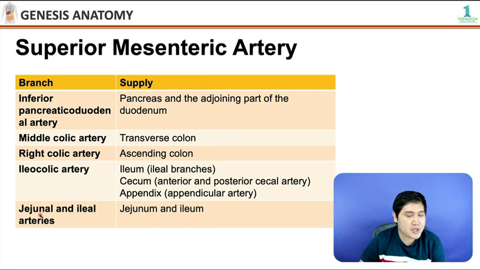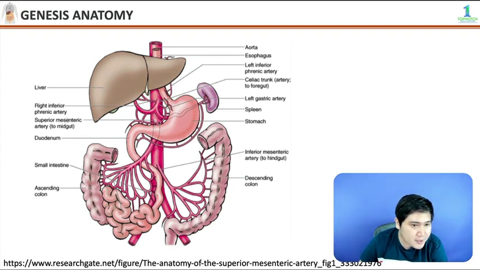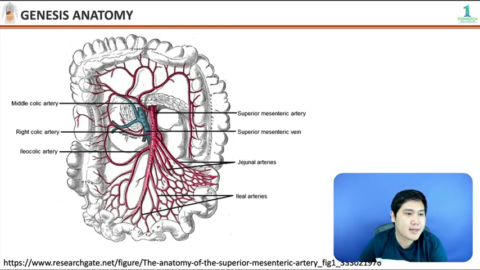And lastly, your jejunal and ileal arteries. So this is your superior mesenteric artery. This is your right colic. This is your jejunal and ileal arteries. Better appreciated in this picture. Superior mesenteric.